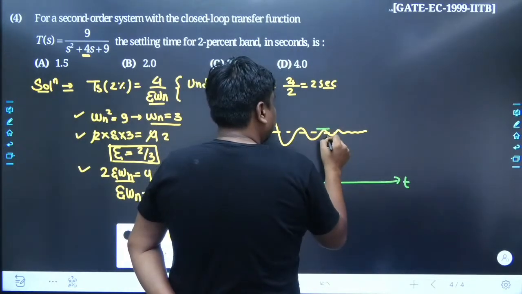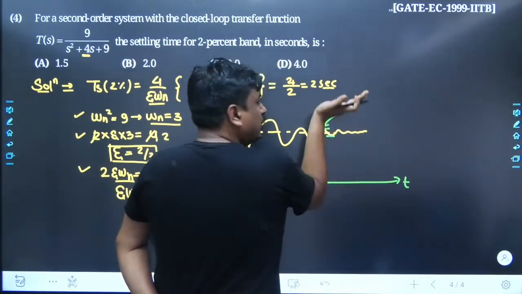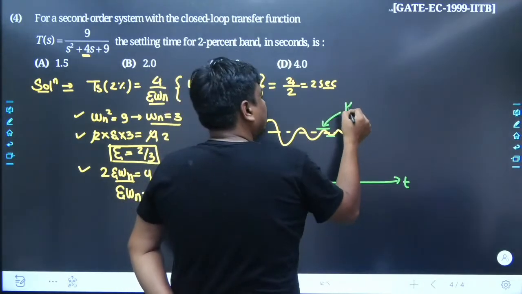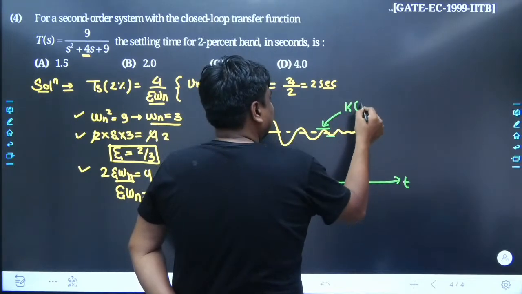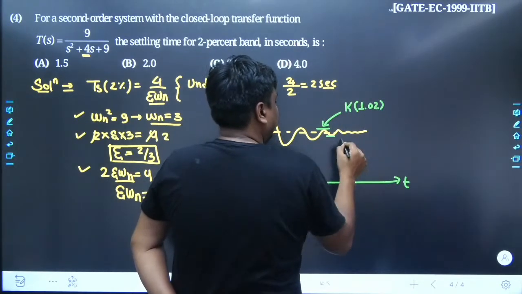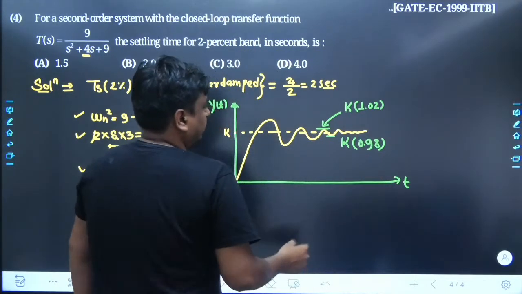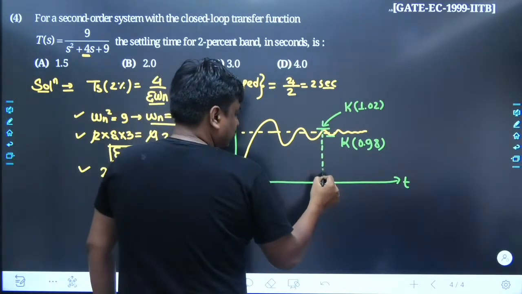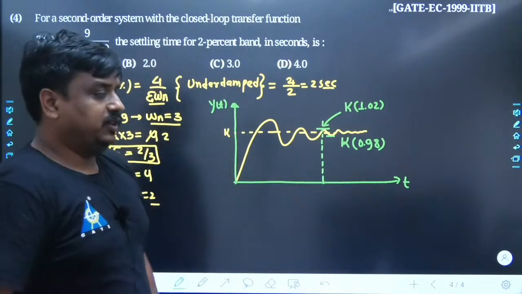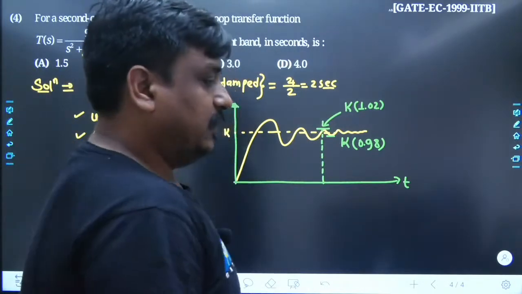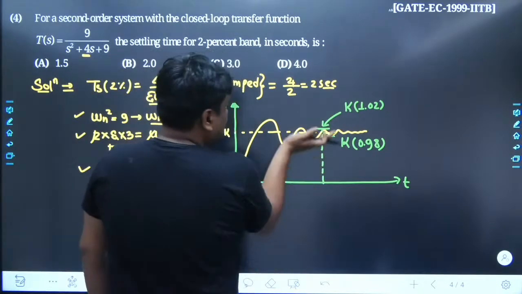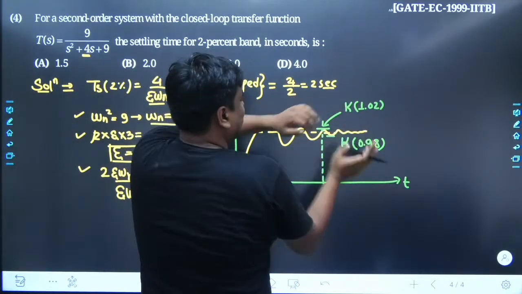If you go beyond 2% of K, that's 1.02 K, and here it's going to be 0.98 K. So you can see the first time the system reached within the tolerance of 2%, and thereafter it is bounded within the range of plus or minus 2%.